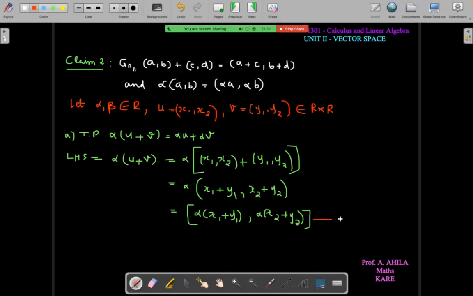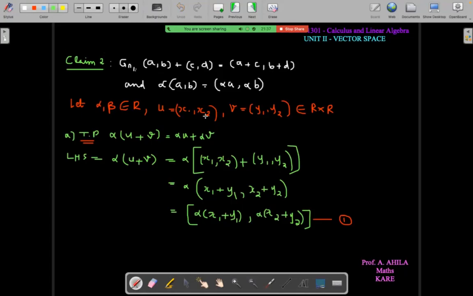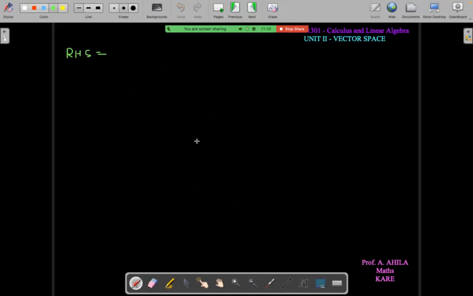Now we do the second, that is the right hand side, which we need to prove equal to the left hand side. Now consider the right hand side, which is alpha u plus alpha v.